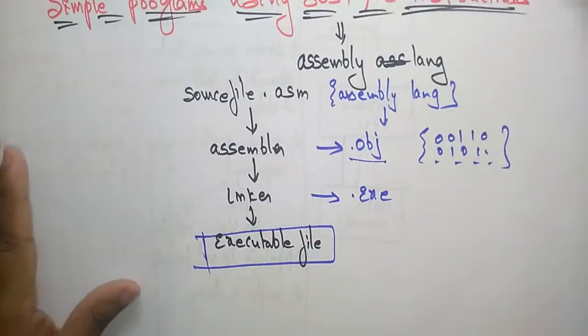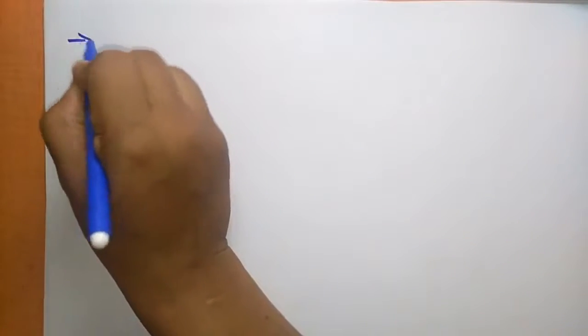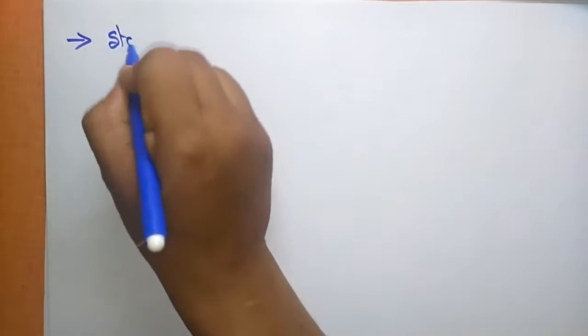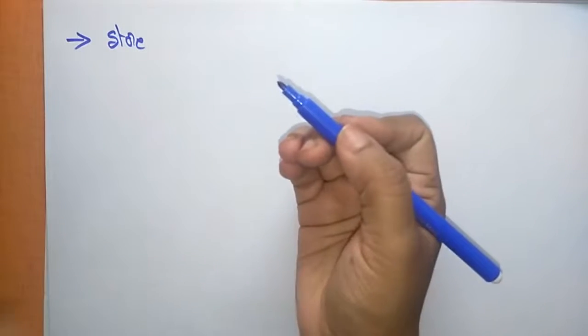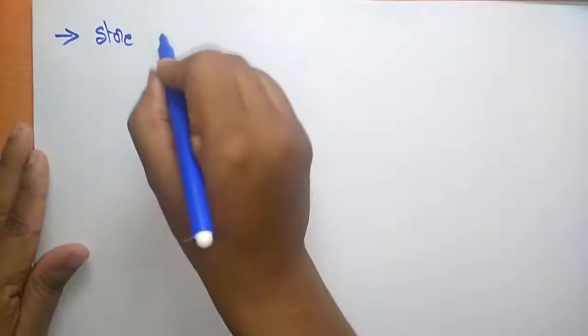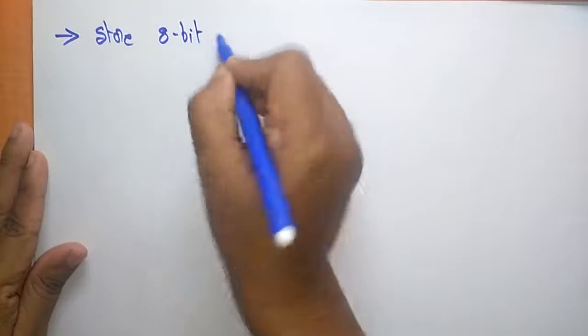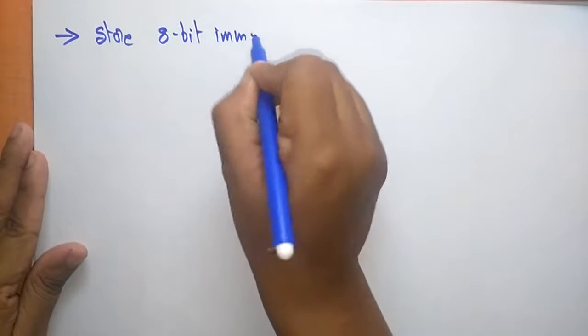So let me explain simple programs by using the instructions that are present in the 8051 microcontroller. The first one: what assembly code will you use to store 8-bit immediate data?